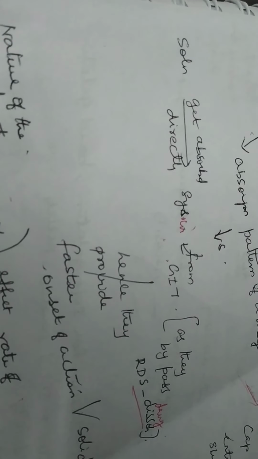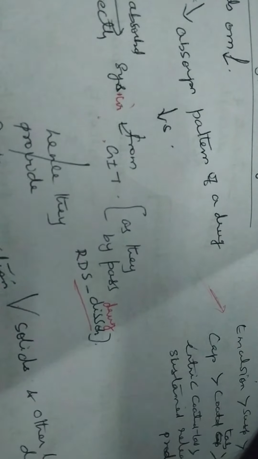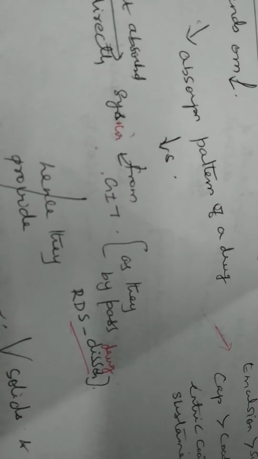Fine. First one is solution. Here you can see before emulsion, there is solution. Solution is easily absorbed, after which you have emulsion. So first we will discuss solutions. The solution is easily absorbed directly into the systemic circulation from the GIT, as it bypasses the rate limiting step, dissolution.